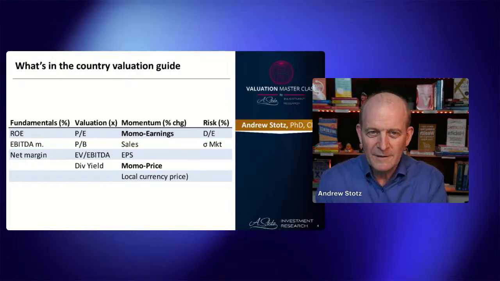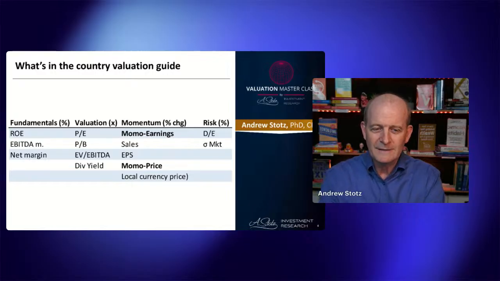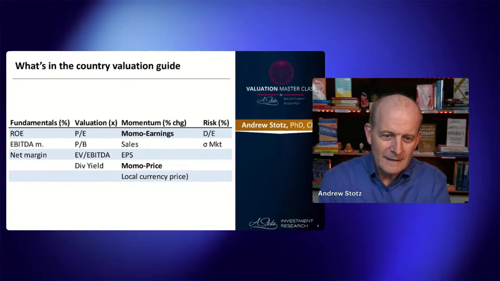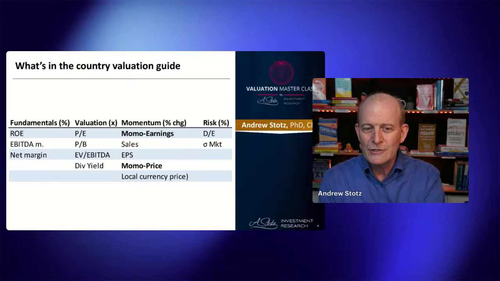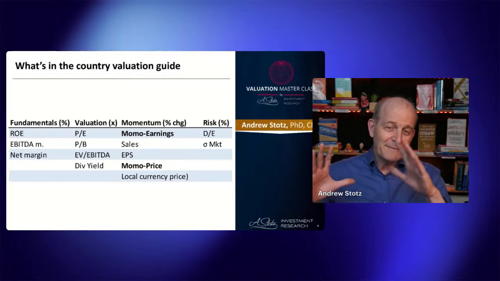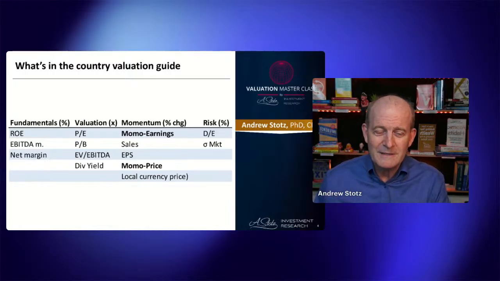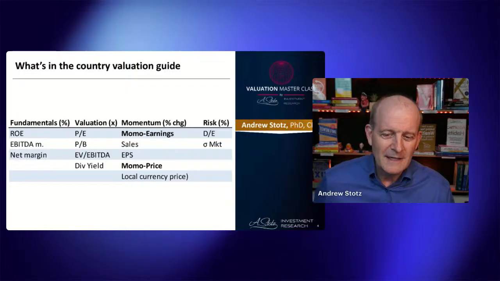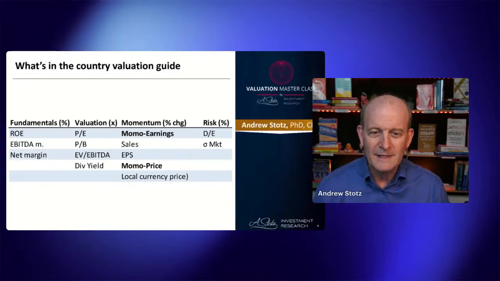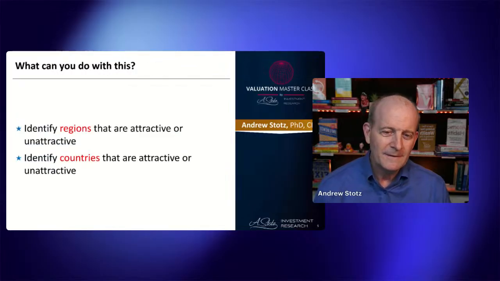The risk things that I'm going to look at is debt to equity, or net debt to equity, in fact, and the standard deviation of the market. And that's all the measures that I can fit into this table. There's many more measures under each of these, but these are the ones that I want you to know and understand, okay?